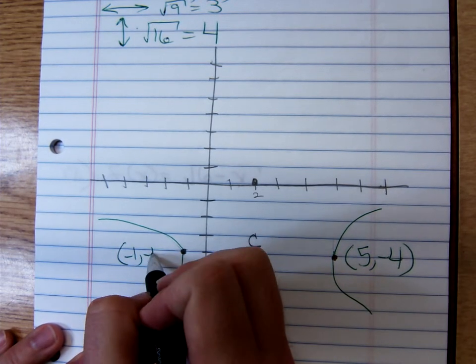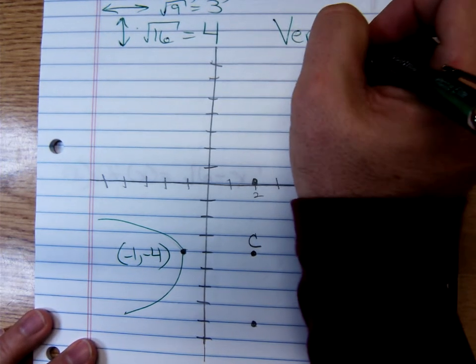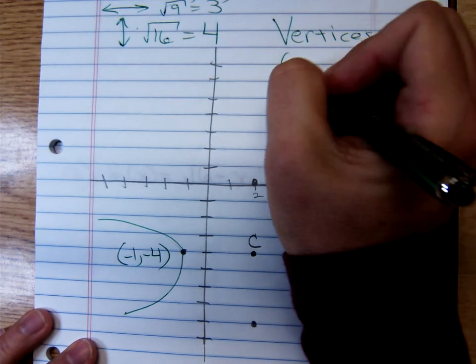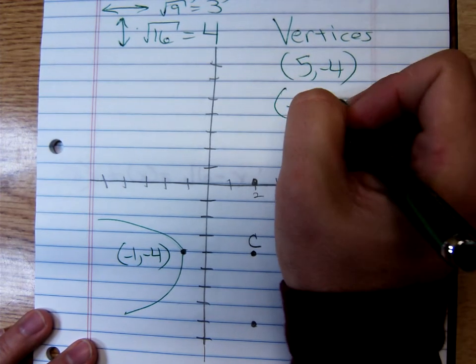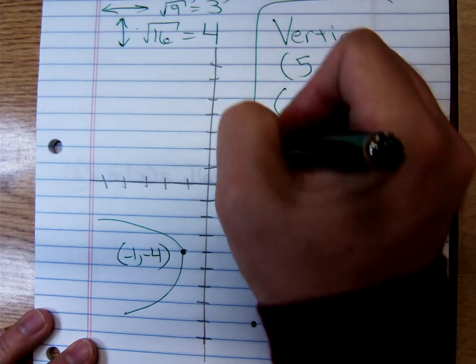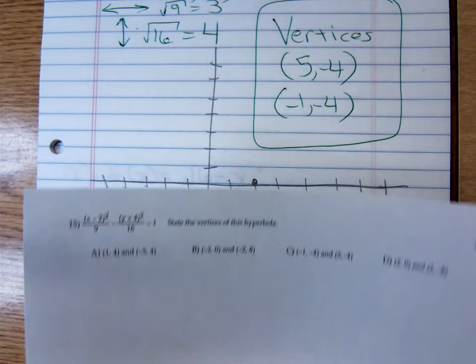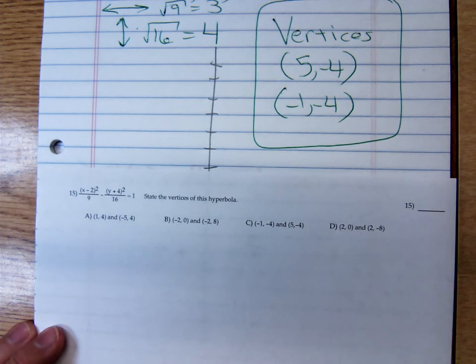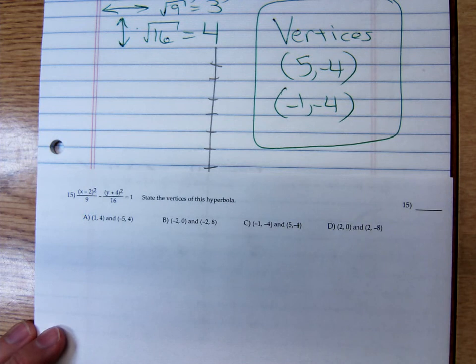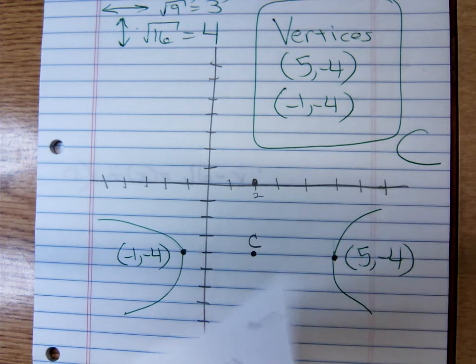So my vertices were 5, -4, and -1, -4. That looks like response what? C. And I think that's enough.